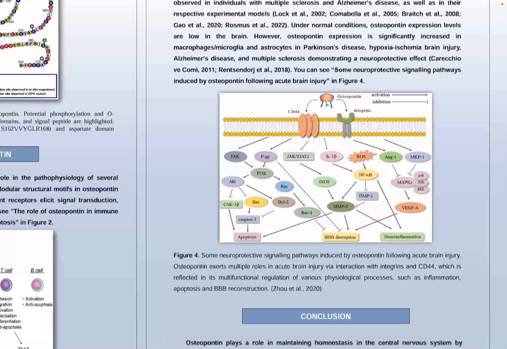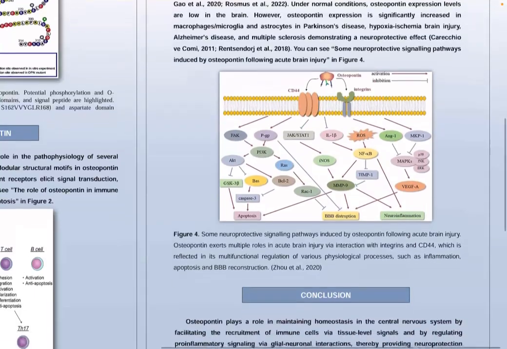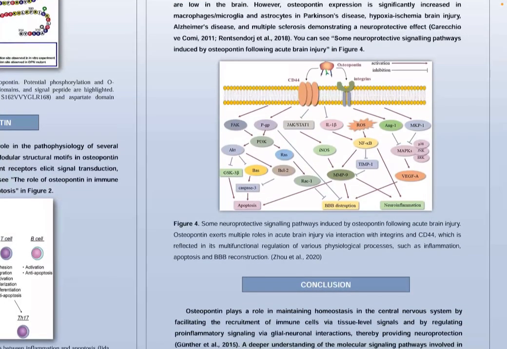However, osteopontin expression is significantly increased in macrophages, microglia, and astrocytes in Parkinson's disease, hypoxia, ischemia, brain injury, Alzheimer's disease, and multiple sclerosis, demonstrating a neuroprotective effect. And you can see some neuroprotective signaling pathways induced by osteopontin following acute brain injury in figure 4.